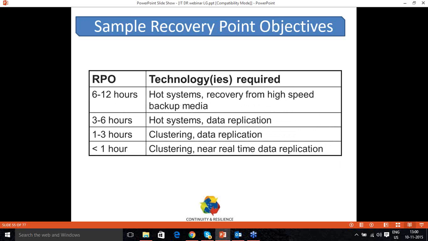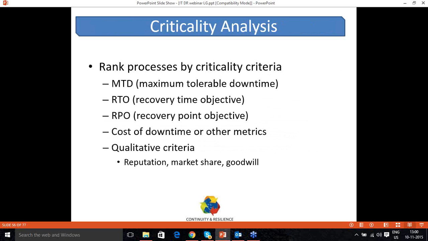This was recovery time, this is recovery point objectives. So I do criticality analysis where I calculate MTD, RTO, RPO and these things.